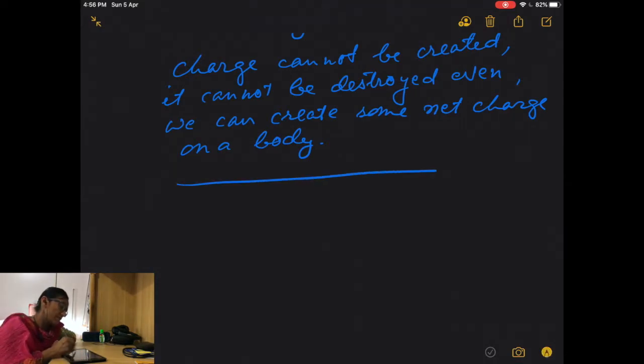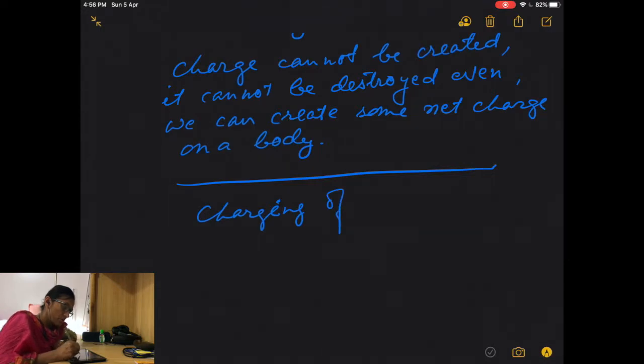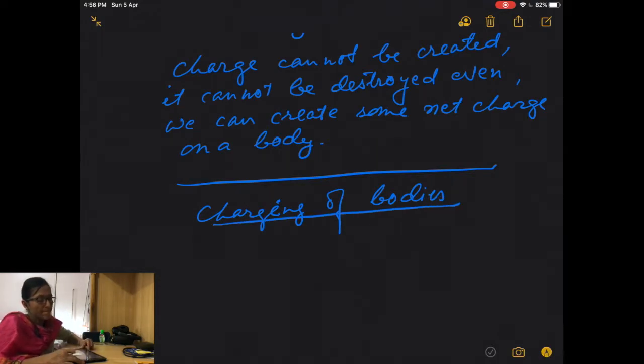Now the next topic is charging of a body, and what is the principle behind charging of a body. There is the electronic theory of charging.